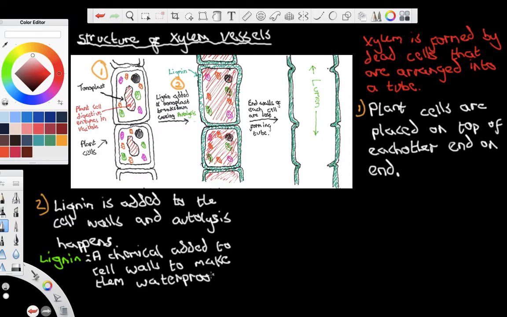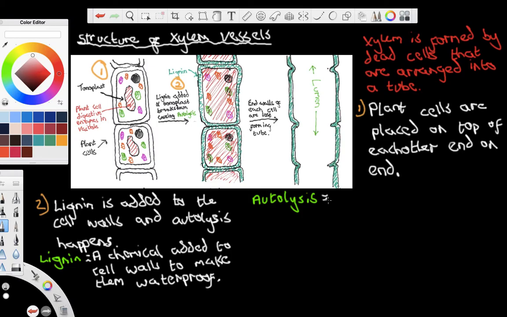And I did think I was going to have space down here for autolysis, but evidently not. And autolysis, so I'm going to have to move over here, apologies. Autolysis can be defined as the self-digestion of a cell by its own enzymes.